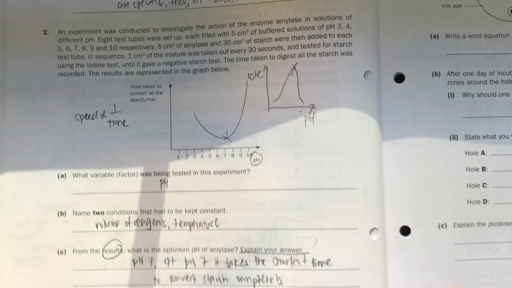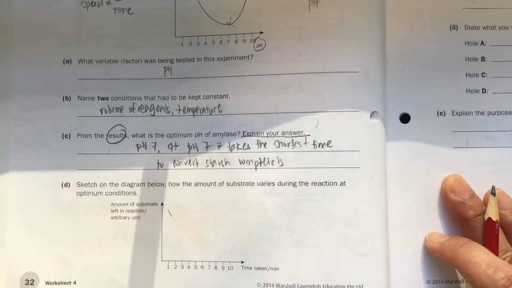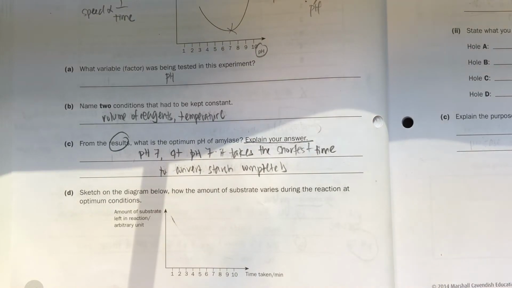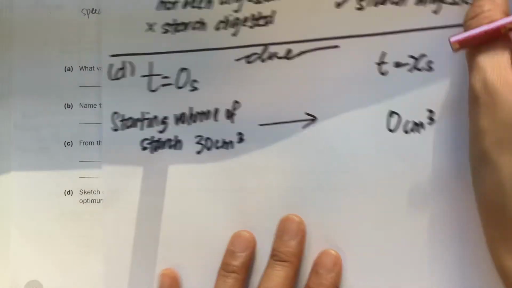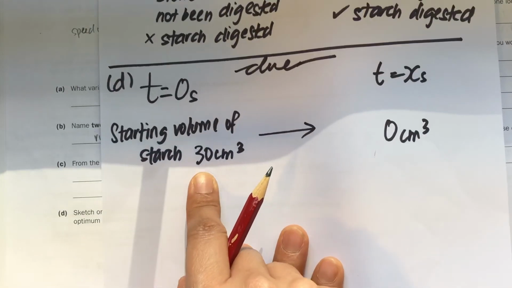In the diagram below, show how the amount of substrate varies during the reaction. To answer this question, we need to understand that over time, the amount of substrate decreases. Okay, so you started with 30 cm cube of starch.